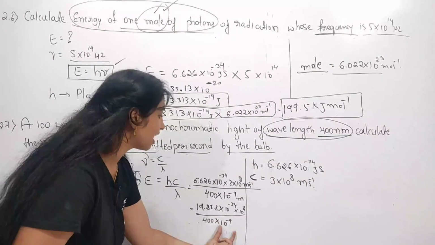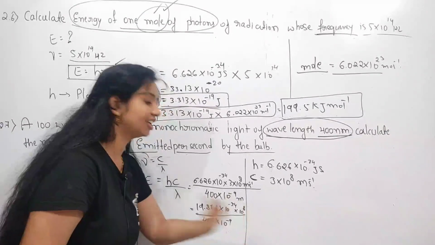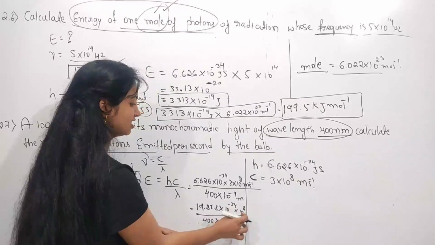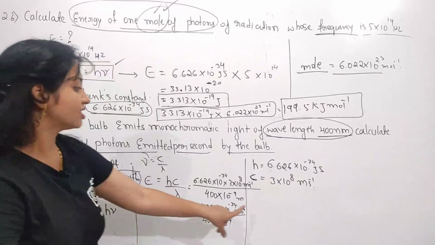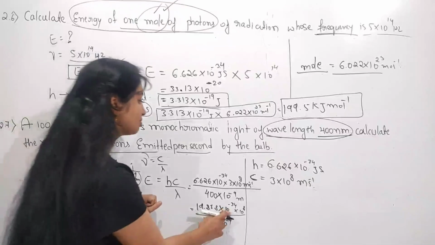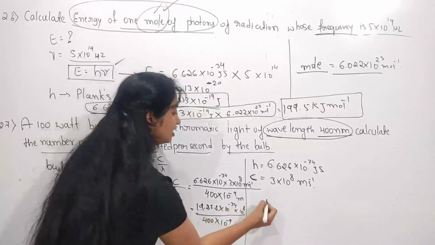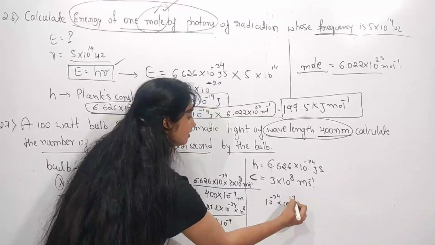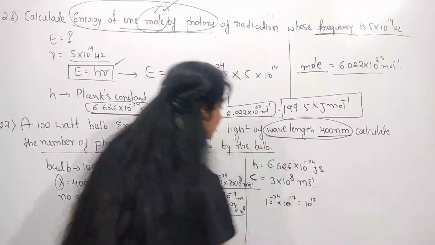The 10 raised to minus 9 becomes the inverse here. Then 10 raised to minus 34 into 10 raised to 8 plus 9 is 10 raised to minus 17.